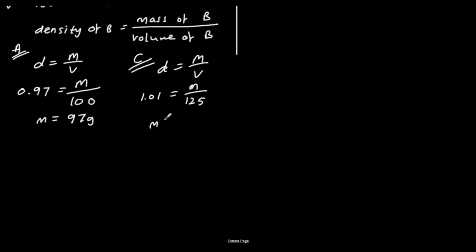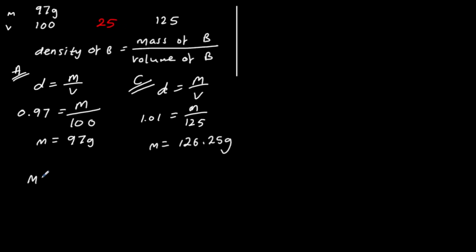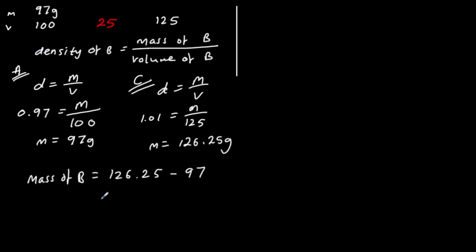So the mass is 126.25 grams. So the mass of B must be this one, take away this one, 126.25 minus 97, which is 29.25. 29.25 grams.